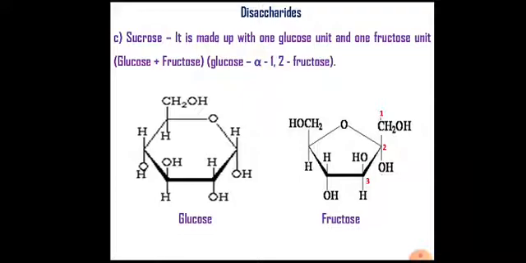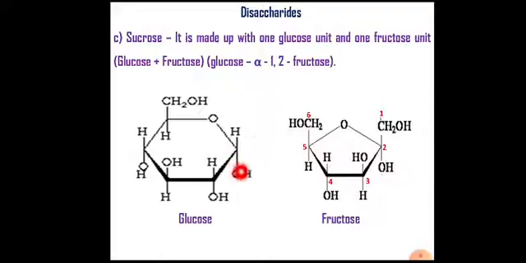At carbon number 3, the conformation is OH. Carbon number 4, carbon number 5, and carbon number 6. So this is how the numbering is done, and you can see that here carbon number 2 of fructose is involved in formation of bonds.